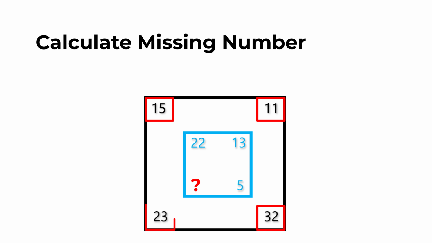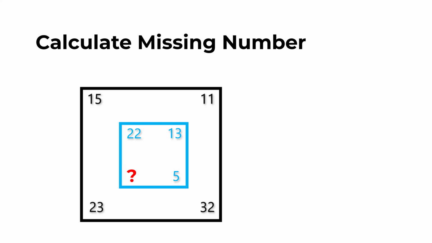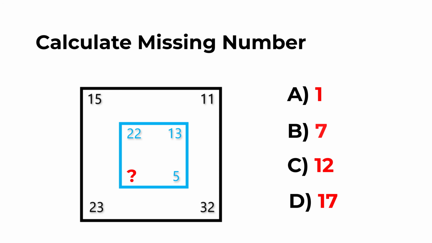In the smaller square, the numbers are 22, 13, and 5, and one number is missing, and this is the one that you need to calculate. Your choices are choice A, 1, choice B, 7, choice C, 12, choice D, 17.